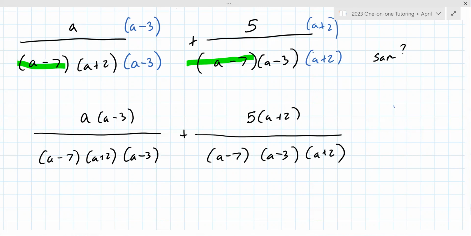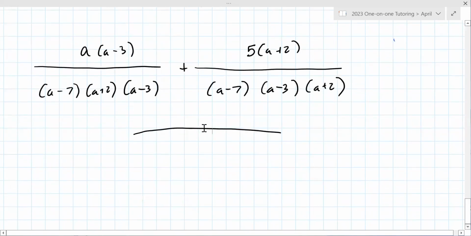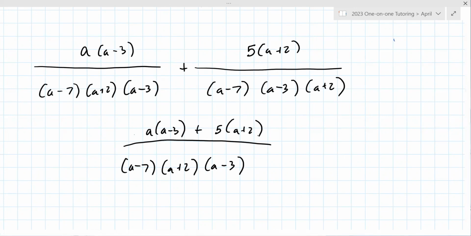And that's what's important. Since they're the same, you can keep the bottom. When you add, you keep the bottom, but you add the top, or subtract the top, depending on the problem. So it's going to be a times a minus 3 plus 5 times a plus 2. So we just merge the top.